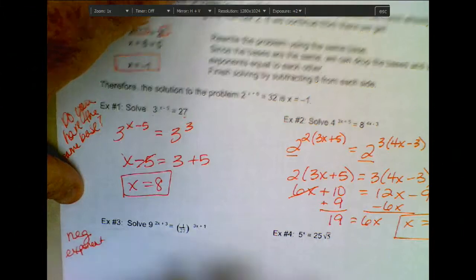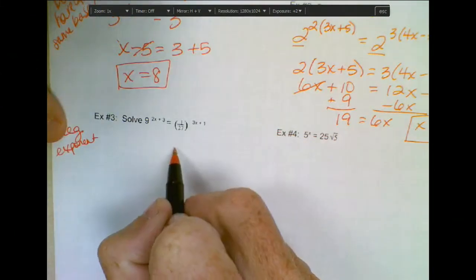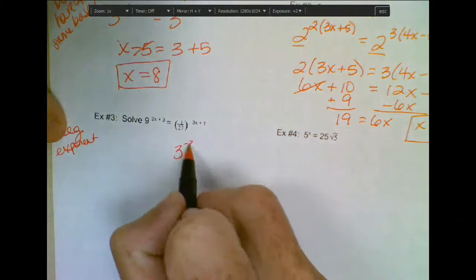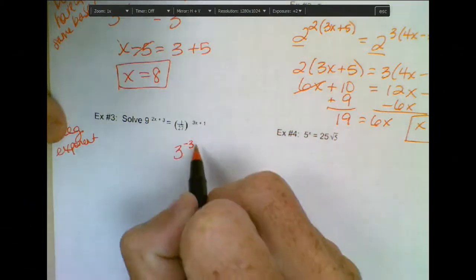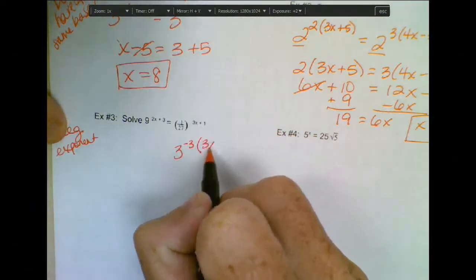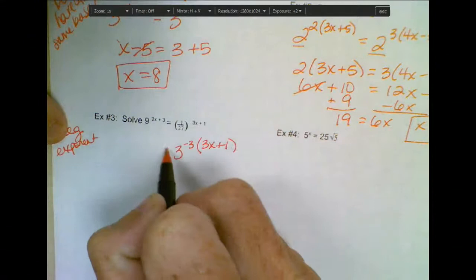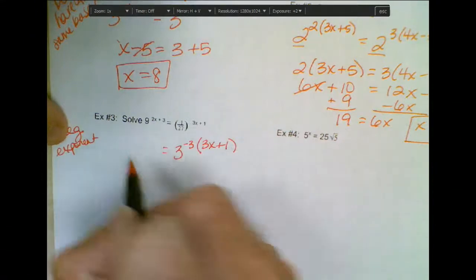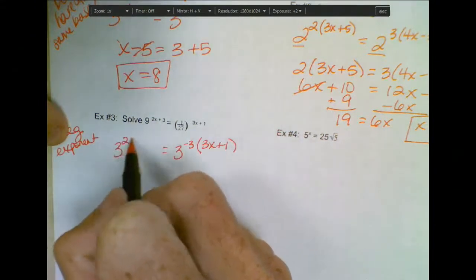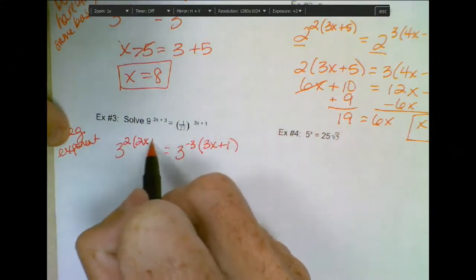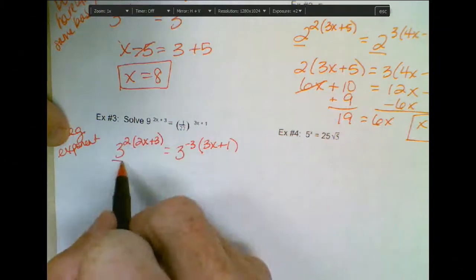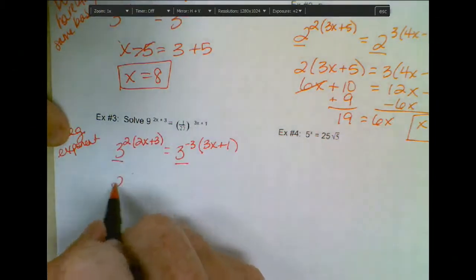So that is simply going to be 3 to the negative third times 3 to the (x plus 1). See if I can change my 9 to a base. Well, I know that 3 squared is 9. So I'm going to use that same base of 3. Now I've got the same base of 3.